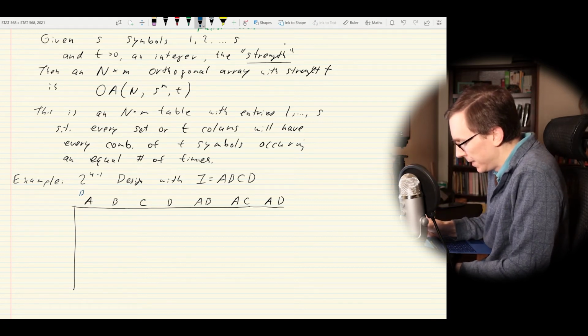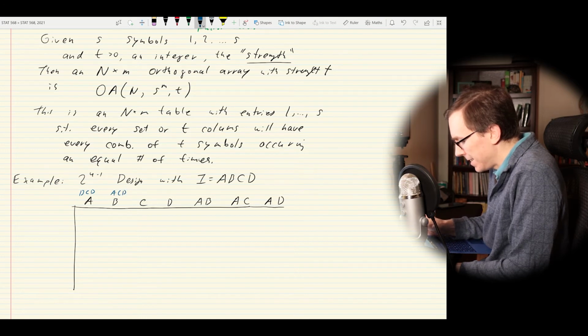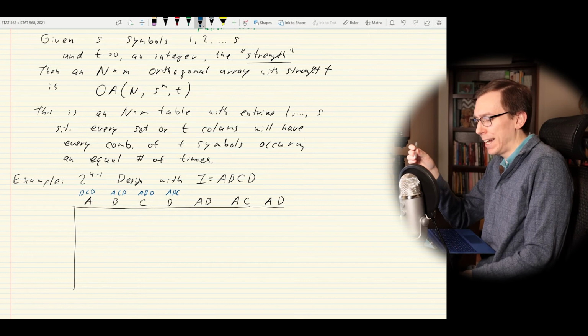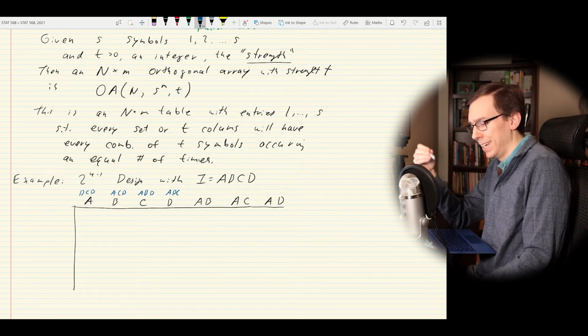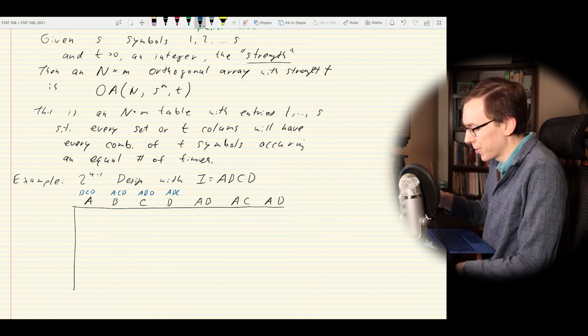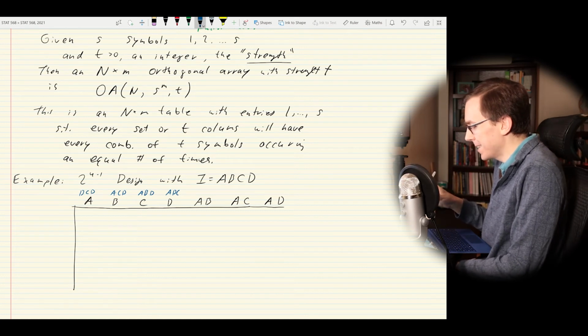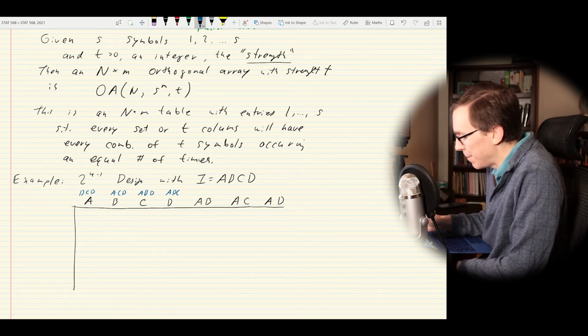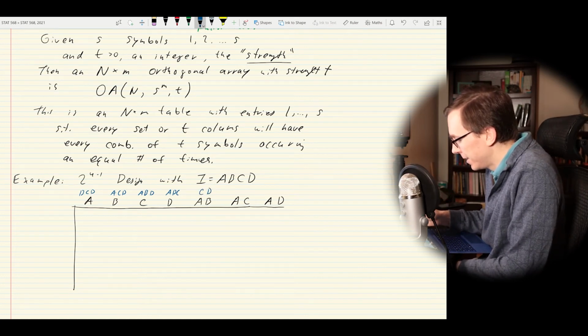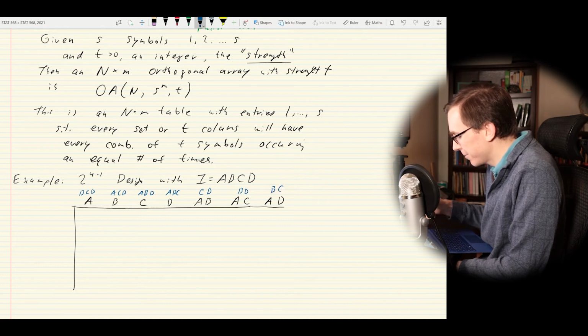I'm going to get BCD paired with A, ACD paired with B, ABD, ABC. So all of my main effects are paired with a third order interaction, and all of my two-ways are paired with another two-way. So AB is with CD, AC is with BD, AD is with BC.